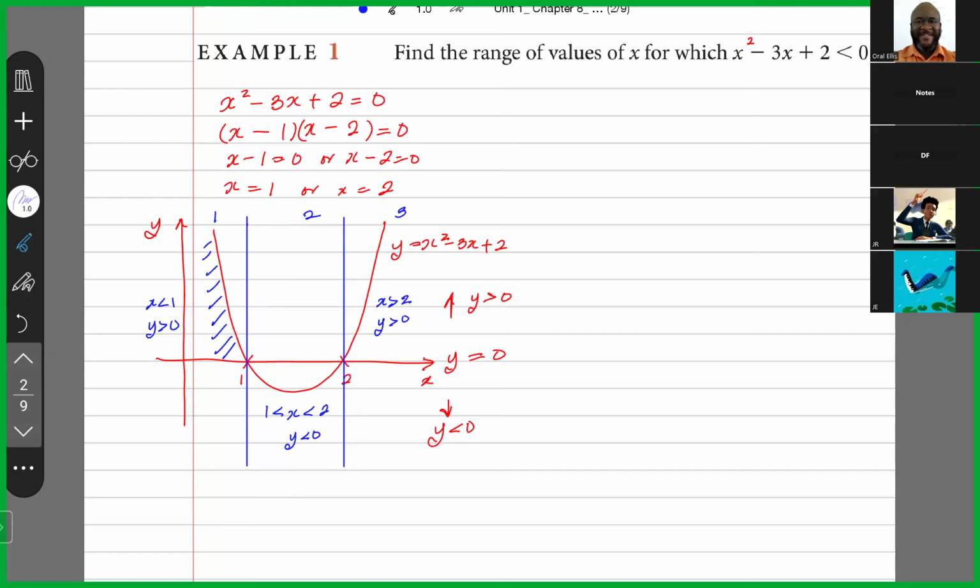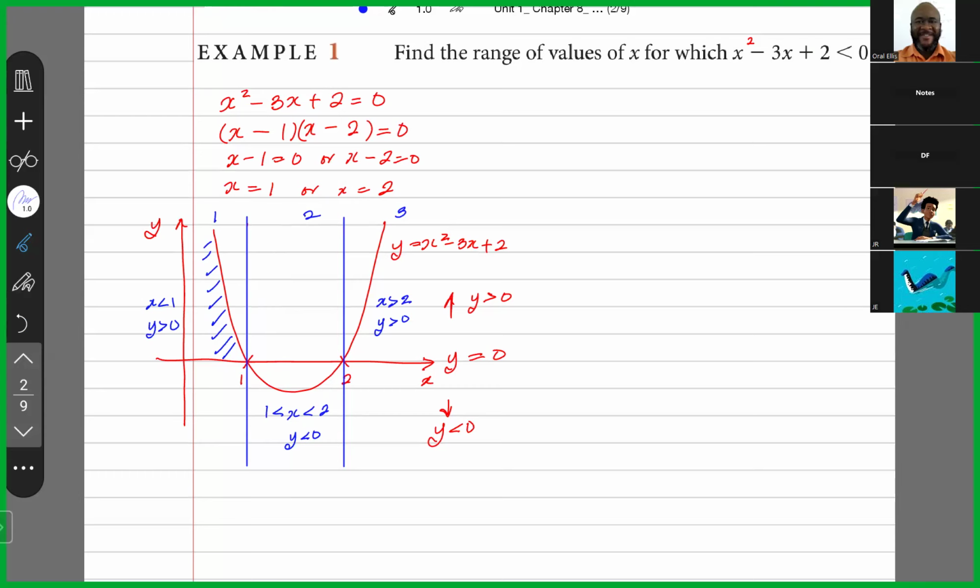So in region 1, where x is less than 1, y is greater than 0. In region 3, where x is greater than 2, y is greater than 0. In region 2, where x is less than 2 but greater than 1, y is less than 0.